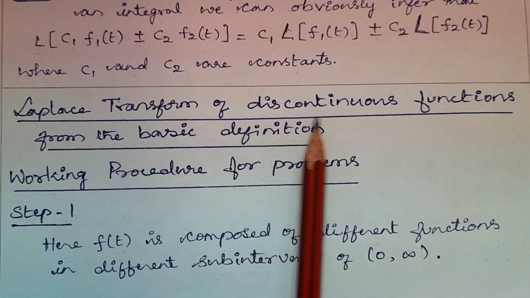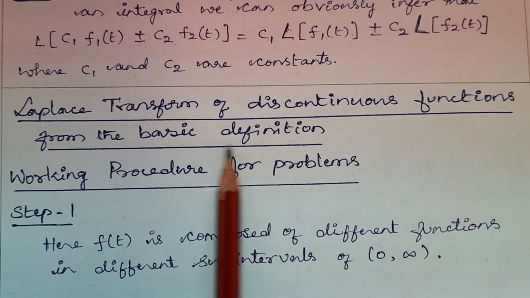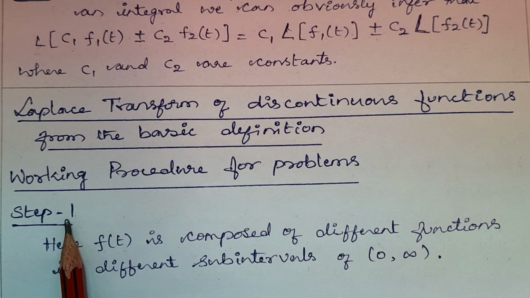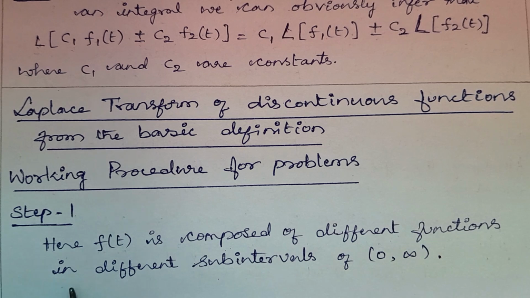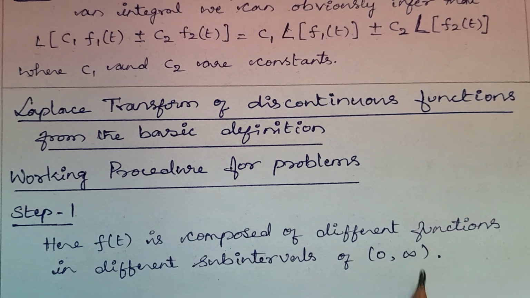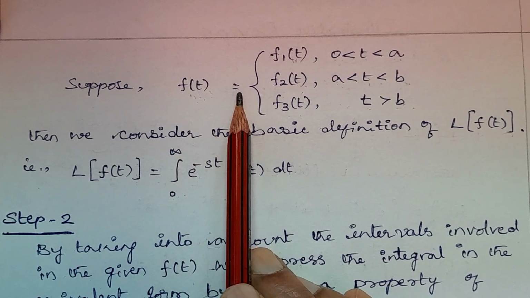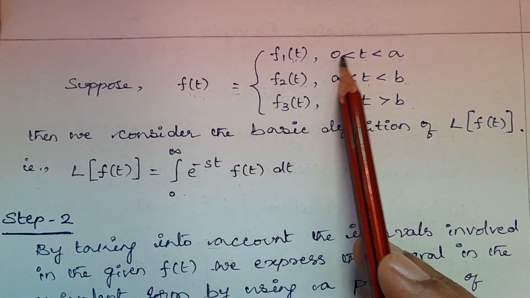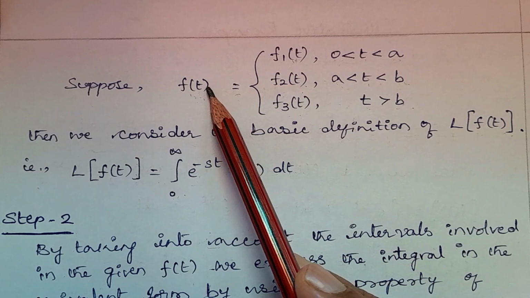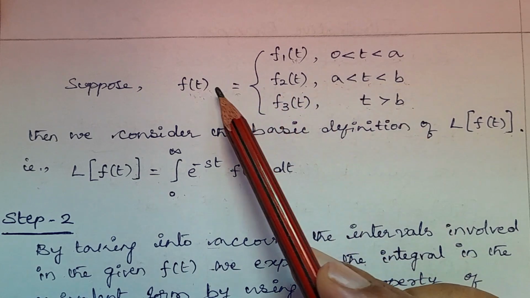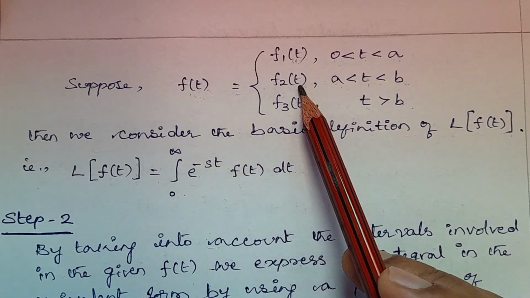Laplace transform of discontinuous functions from the basic definition. Working procedure for problems. Step 1. Here f of t is composed of different functions in different sub-intervals of 0 to infinity. Suppose f of t is f1 of t when t varies from 0 to a. When t varies from a to b, f of t will be f2 of t.